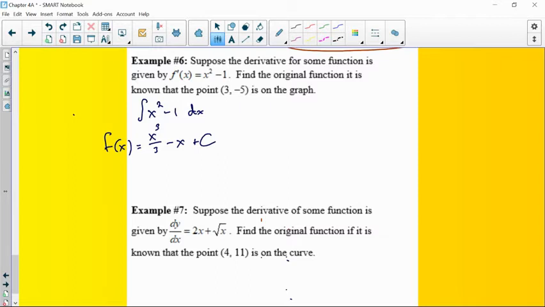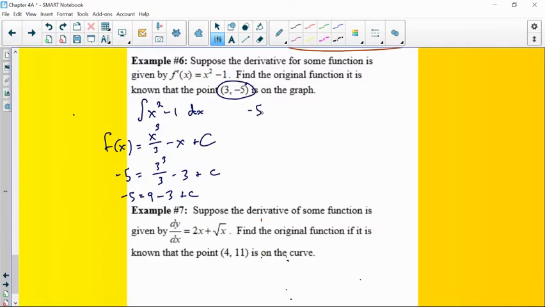But this one also says, hey, there's a point here. When x is 3, y is negative 5. So I can actually solve this problem for that constant. It's not just any particular solution. It's the one solution that actually goes through this point. So then I get negative 5 equals 27 over 3, which is 9, minus 3, plus constant, that's 6.